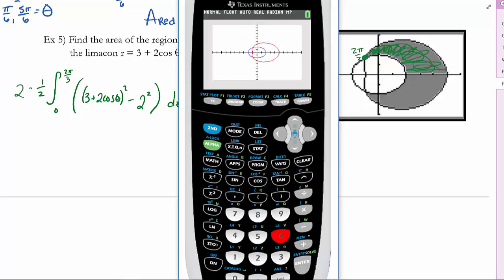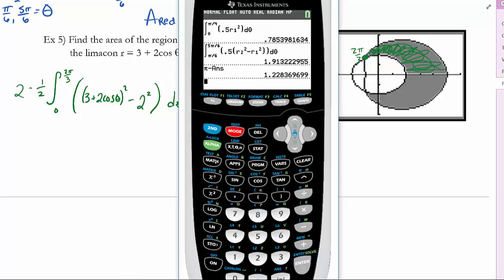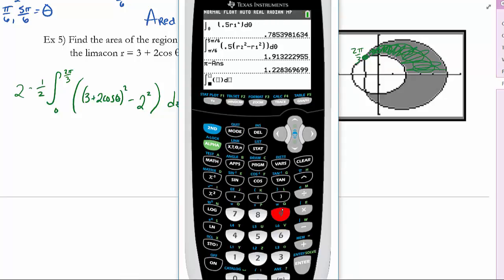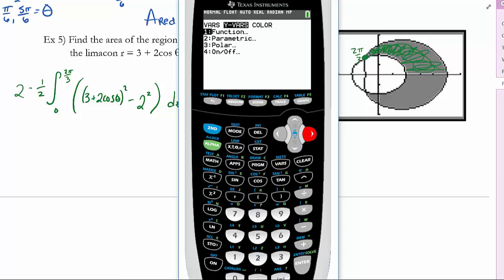So, let me try and do it real quick. So, quit, math, 9, 0 to 2 pi over 3 of, let's see, vars, y vars, nope, not parametric.